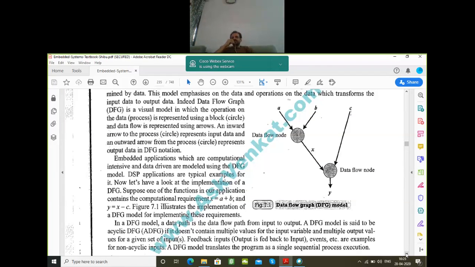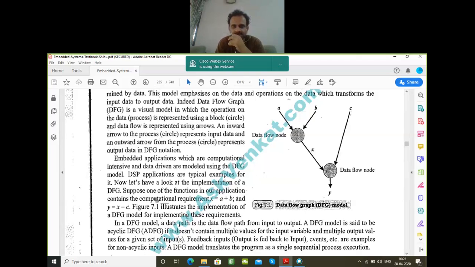Usually, embedded applications with high computations or complex operations, which are data driven, are modeled using data flow graphs. An example is DSP applications, digital signal processing applications. Your DSP processor and your ARM processor are all examples of embedded applications using the data driven data flow graph.